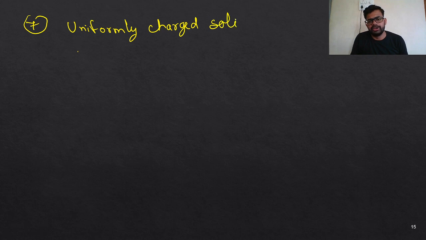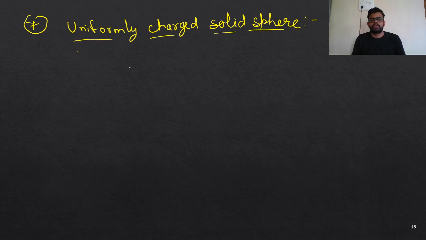Next I will write number 7. Number 7, I will talk about a uniformly charged solid sphere. If there is a uniformly charged solid sphere, what will happen? Let us talk about this.